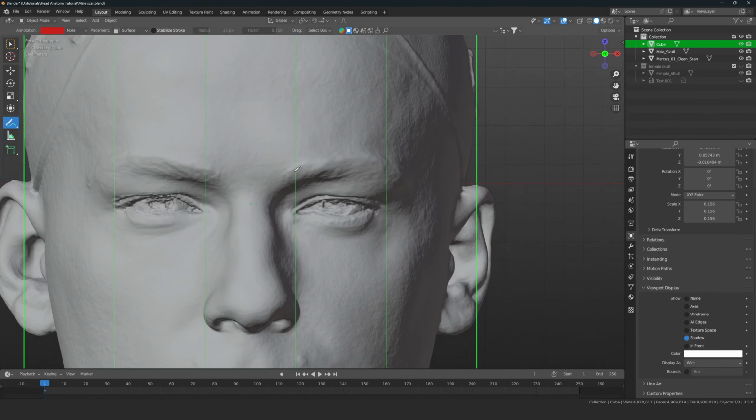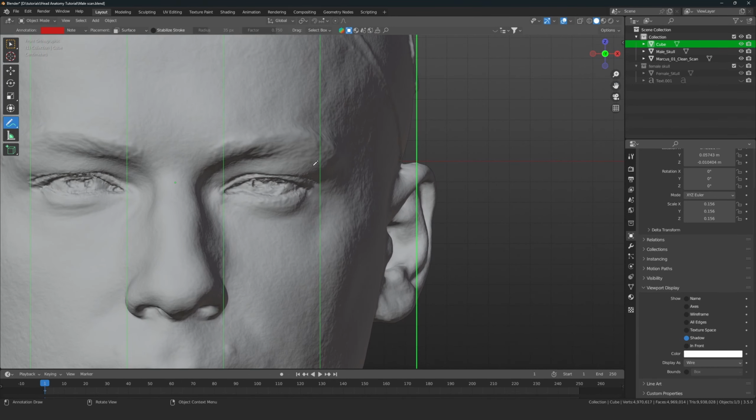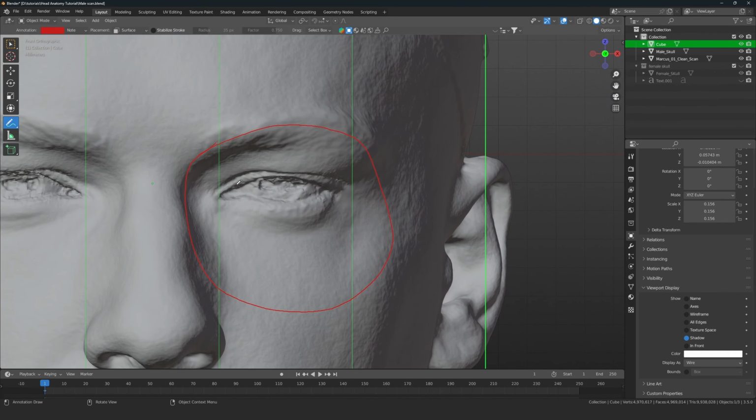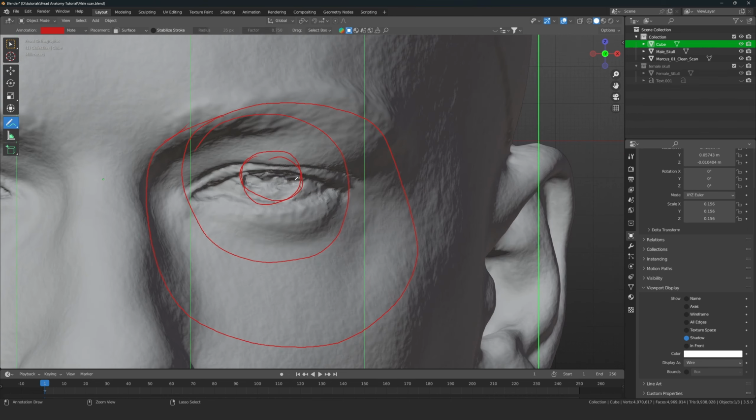So if you were to just look at him right over here, and if I were to just draw the eye socket, for example, something like this, you can kind of measure it. You're going to realize that if you were to look at this as a pupil, this is basically the eyeball, and I have drawn the eyeball a little bit bigger, but this is approximately how big the eyeball is supposed to be.